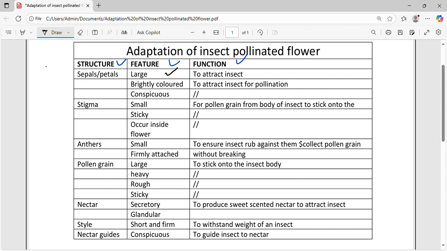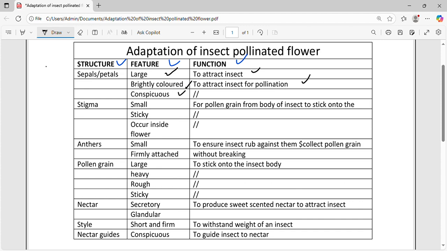The first structure is petals. In insect-pollinated flowers, the petals are large to attract insects. Then the petals again are colored, also to attract insects. And then the petals again are conspicuous.